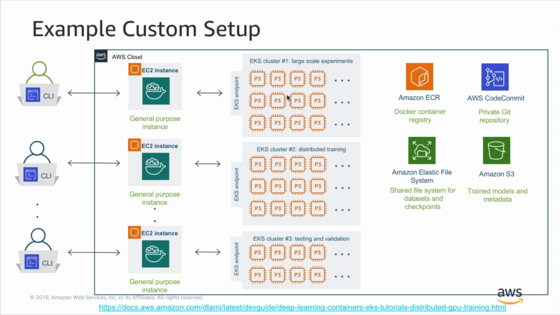If you would like to make customizations to the image, you can push those changes back to ECR. For storage, you have S3 and the Elastic File System, and CodeCommit for your private Git repository, all of which you use to build your own custom environment and pipeline on EKS. We'll review this type of setup in more detail in the demo as well.